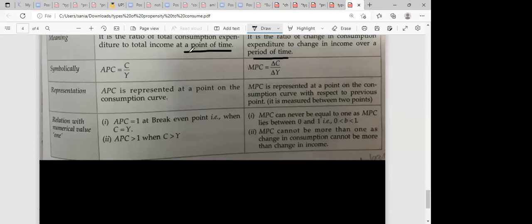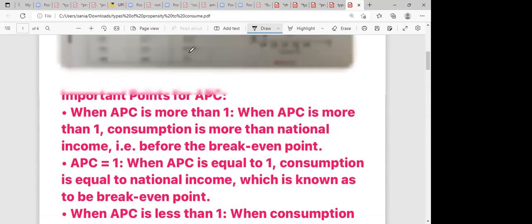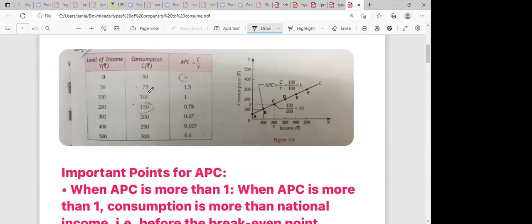See, when we were finding APC, right? Over here, you were finding APC, so you don't need any time period. For example, if you find the APC for this one, the second one, then you just need these points. That's 75 divided by 50, and you will get your APC, right?